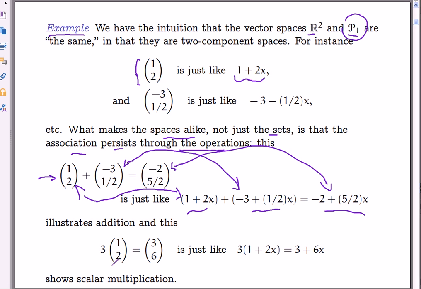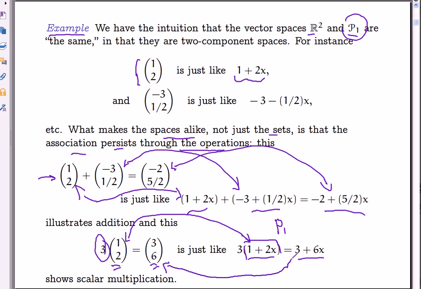Similarly, if I have a vector in R2, (1, 2), and I multiply it by a scalar multiple, 3, I obtain (3, 6). Now, (1, 2) is associated with 1 plus 2x. That has a natural identification. And if over here in P1, I perform the same scalar multiplication, 3 times 1 plus 2x, that gives me 3 plus 6x, which corresponds exactly to the scalar multiplication in R2.